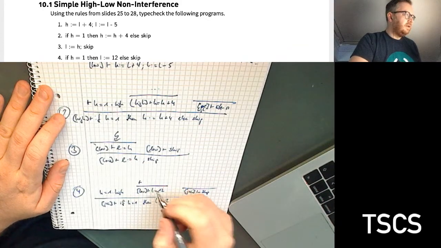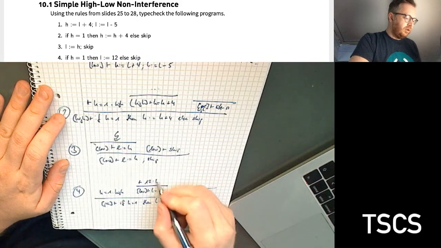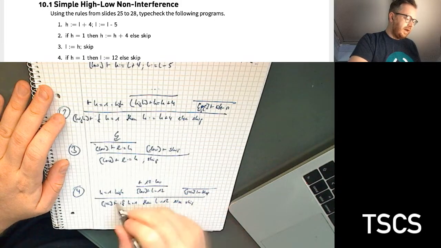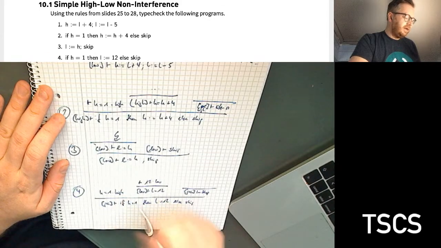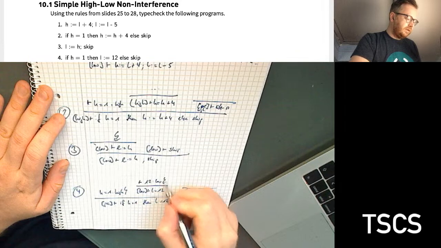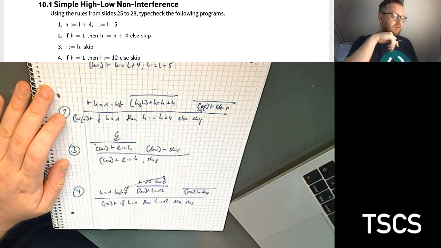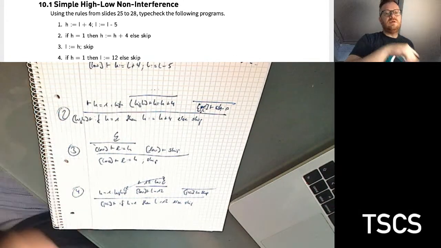If we then check if 12 would be in the low context, it isn't, because we have to consider the condition context here, which is a high, and these two things contradict each other. So we cannot type this. Okay.